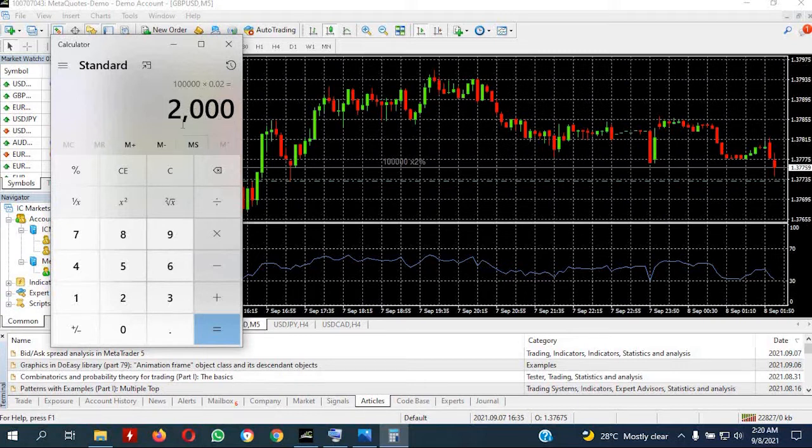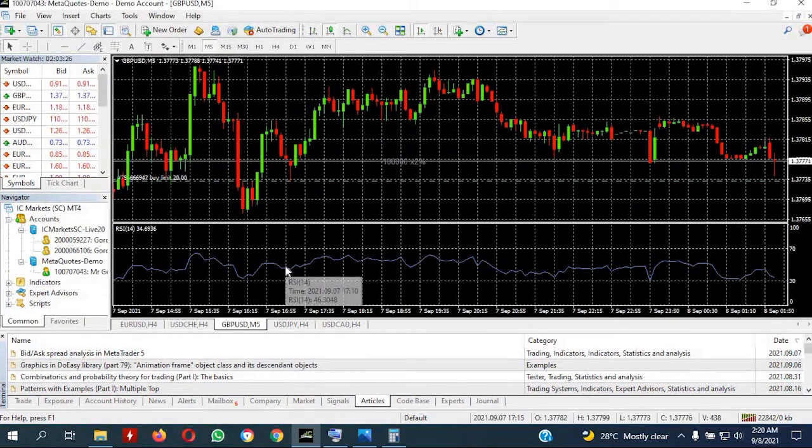Now that I know the risk that I'm supposed to be taking with my demo account, which is no more than $2,000 on one trade, I'm going to minimize this and place an order just for demo purposes.